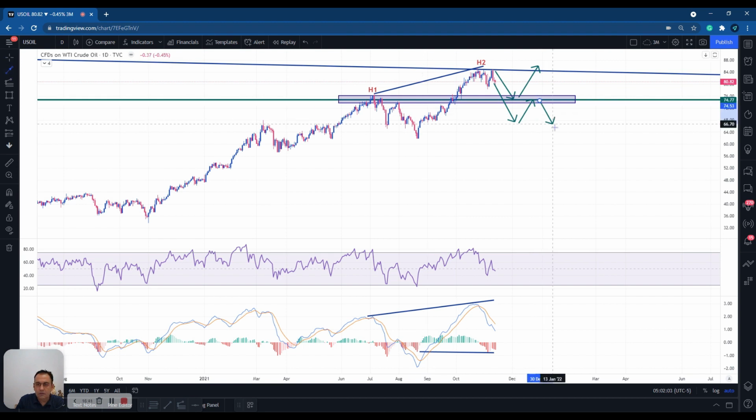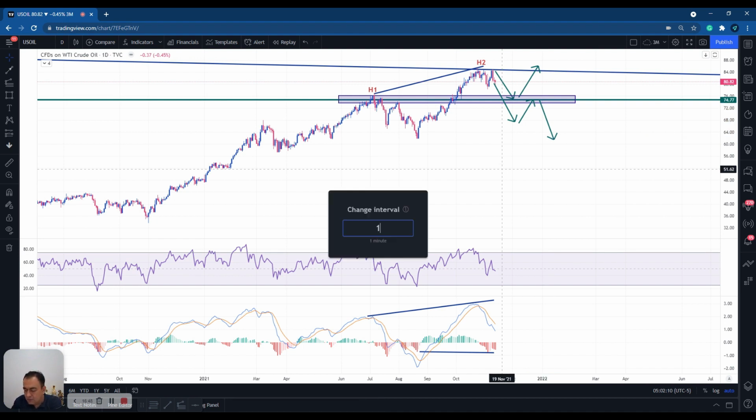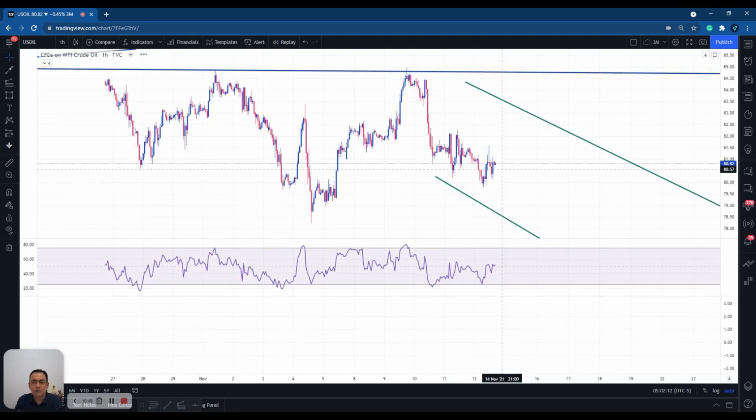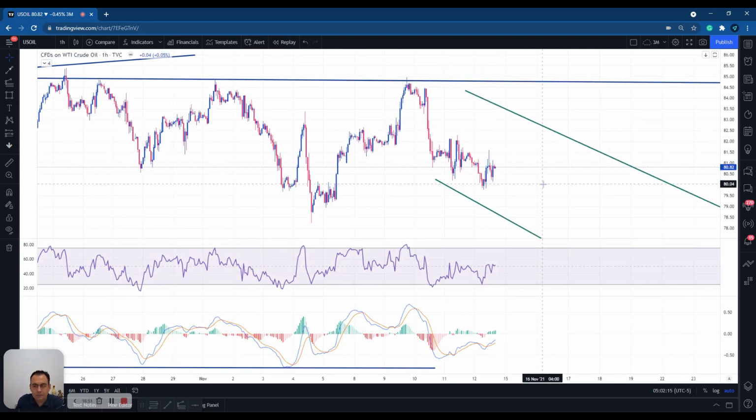Got it? Like this. Let's check the H1. Let me remove the arrows.